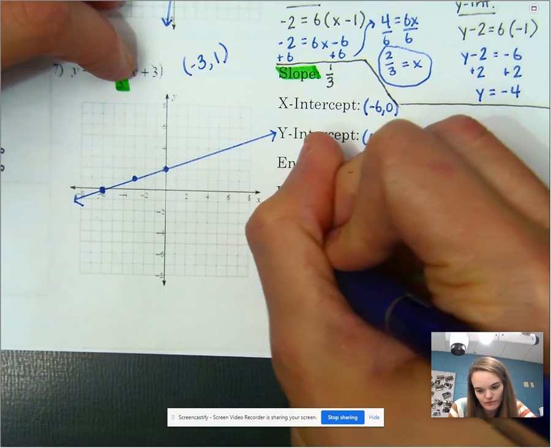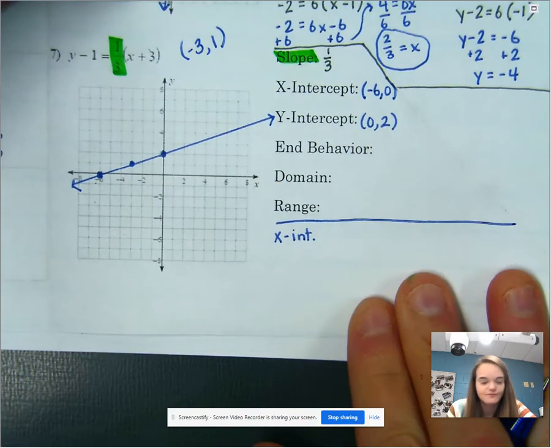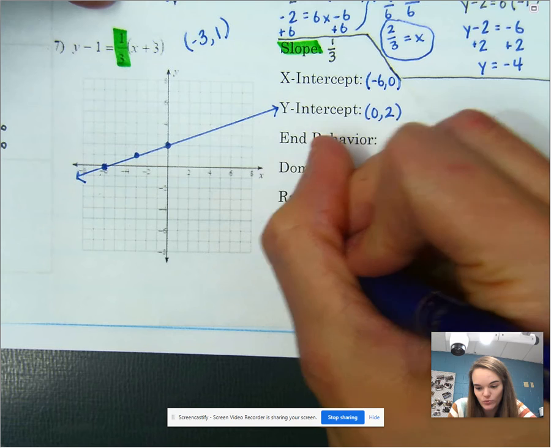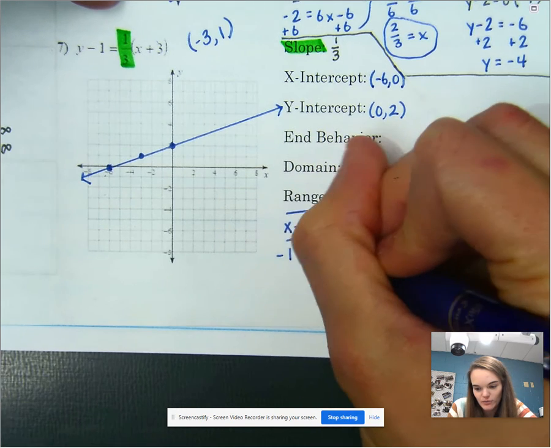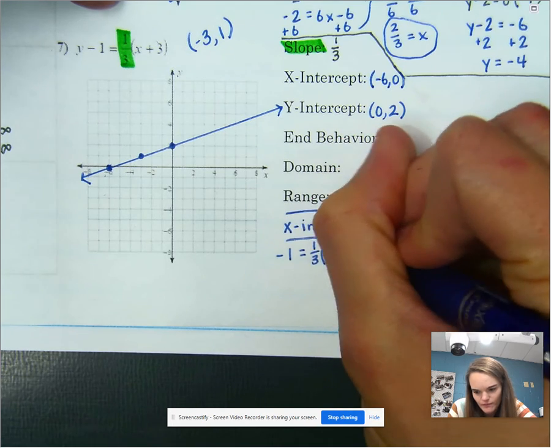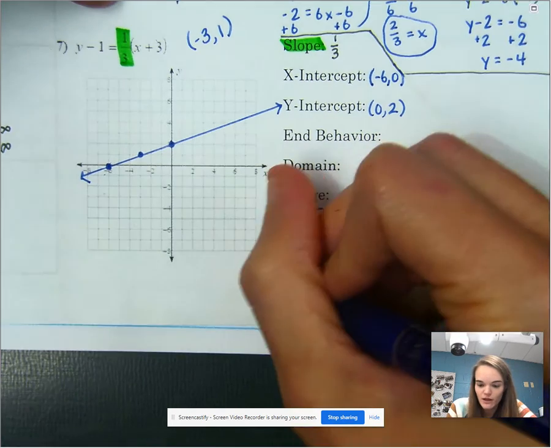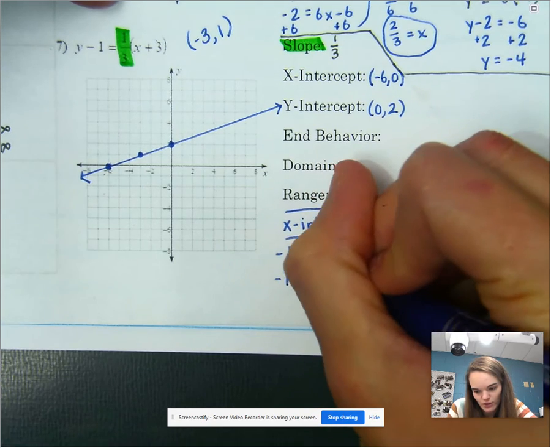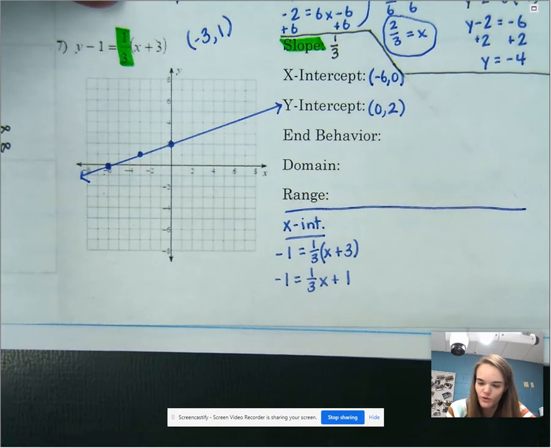X-intercept: -1 equals 1/3 x plus 3. Distribute. -1 equals 1/3 x plus 1. 1/3 times 3 is 1.